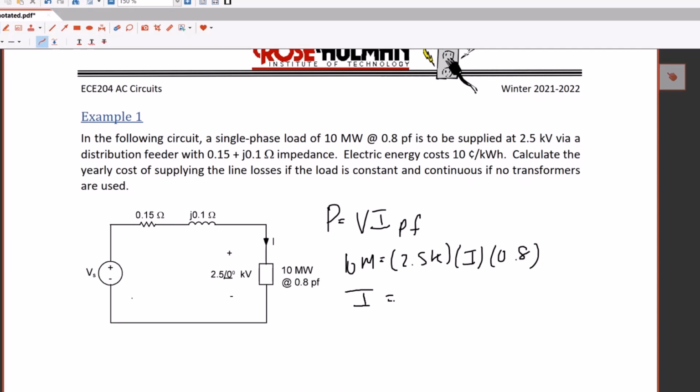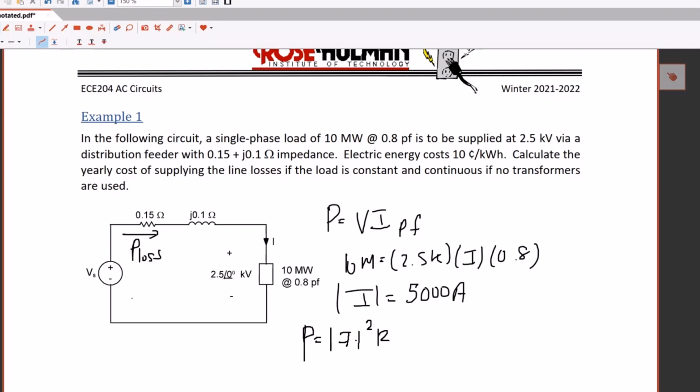So what is the current? And this is actually going to end up giving you the magnitude of the current, not the angle, but 5,000 amps. 5,000 amps. And then to find the loss, the power loss is just I squared R. Okay, so this is where we're going to start tomorrow.